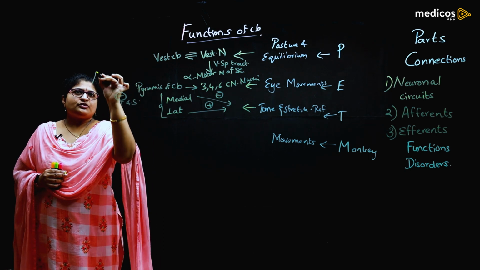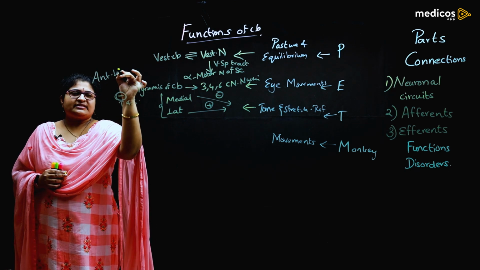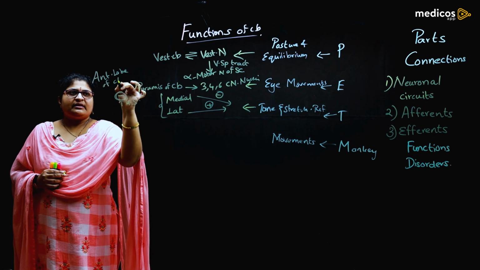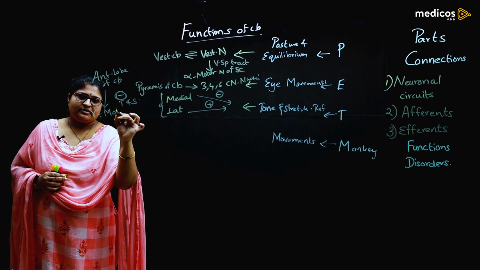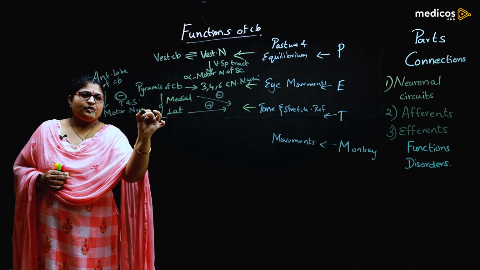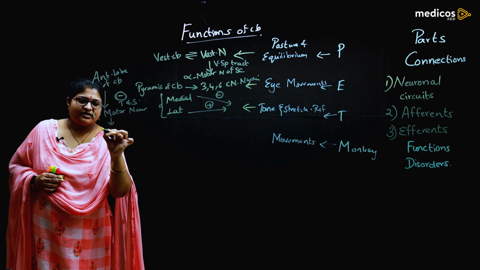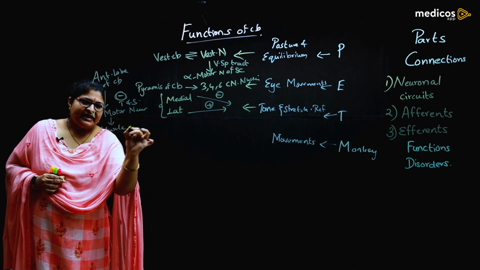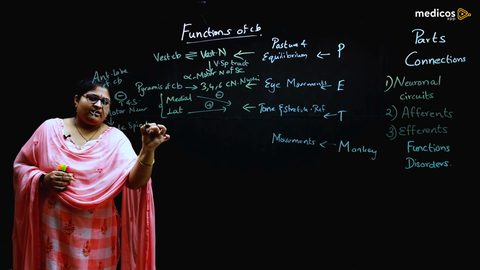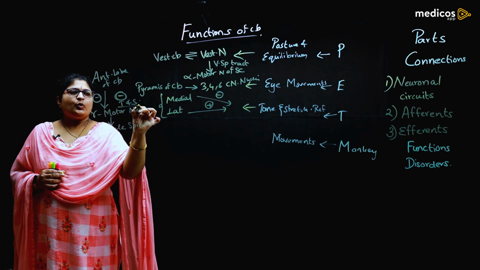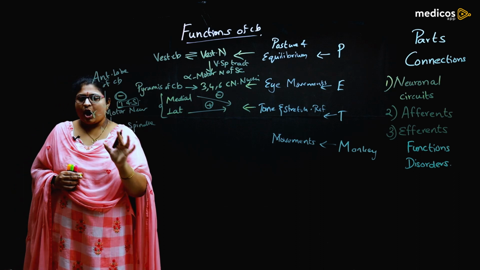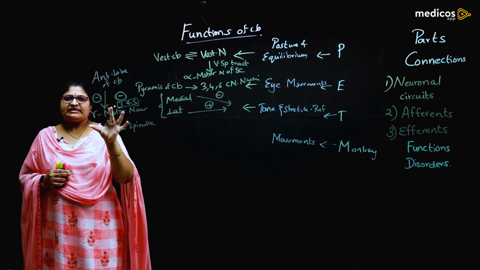How? The anterior lobe of the cerebellum has influence on gamma motor neurons, which of course influence the muscle spindle. And this effect is inhibitory. So tone and stretch reflexes are inhibited by the action of the cerebellum.